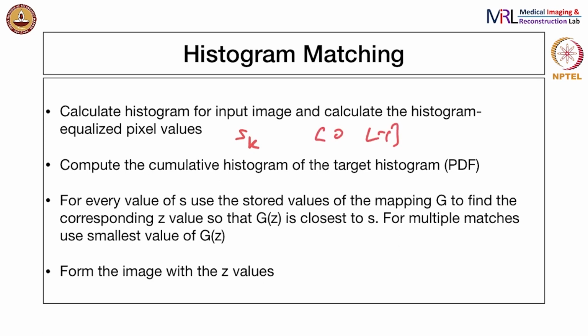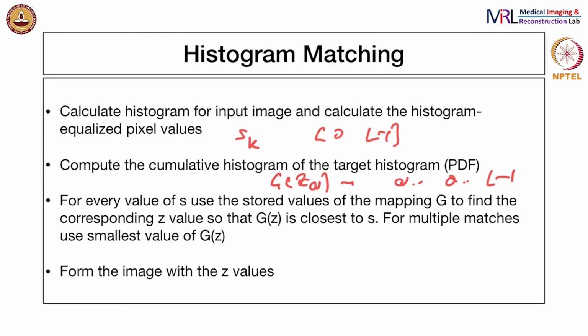So we compute the cumulative histogram of the target, G, which is basically nothing but G of Zq, and Q once again goes from 0 to L minus 1. Right? For the target histogram, we do the same thing. So we always round the values of G to the nearest integer in 0 to L minus 1. Right? Store the rounded values in a lookup table.